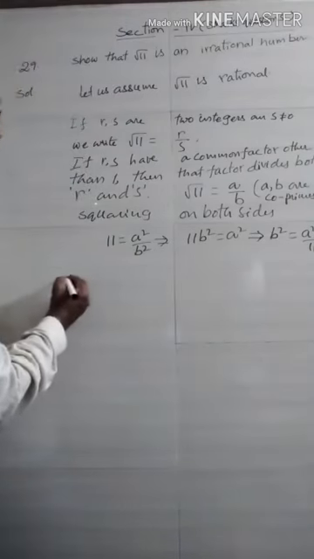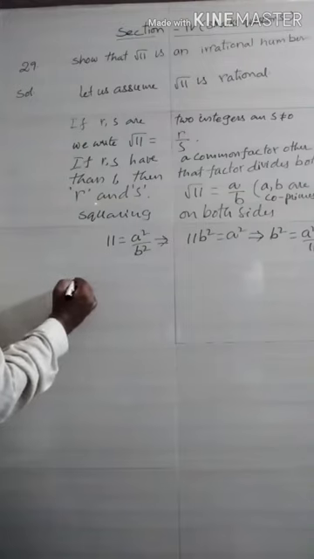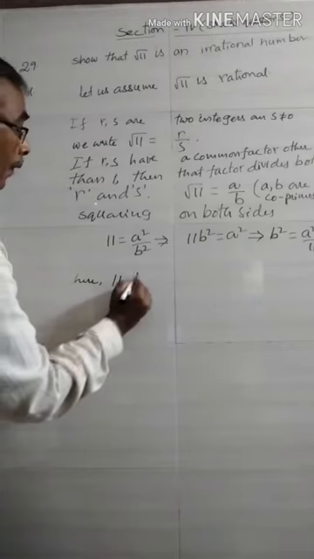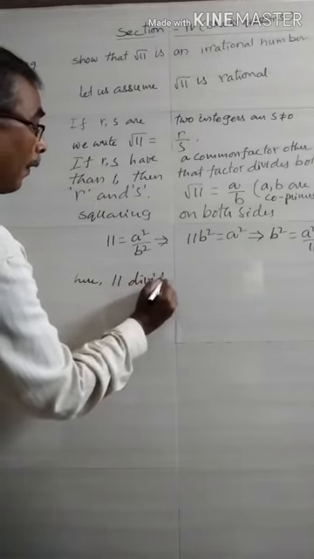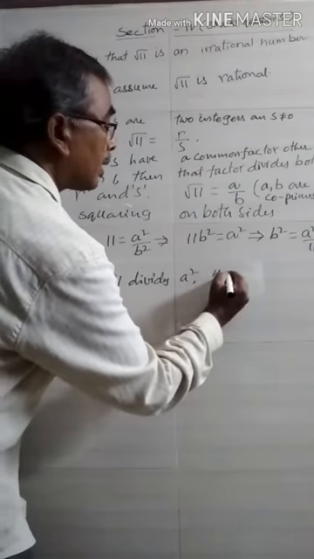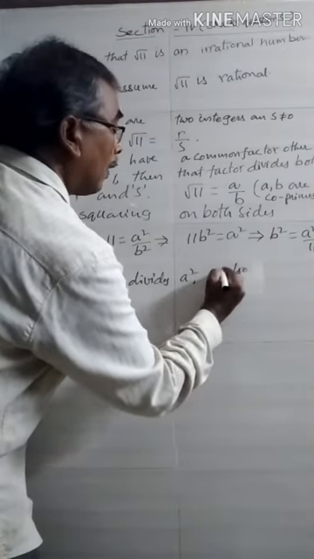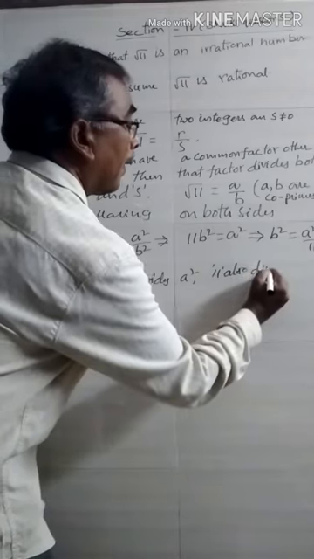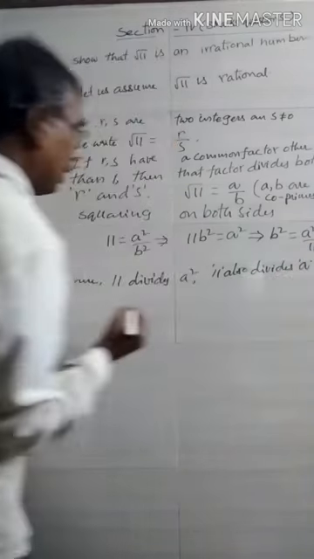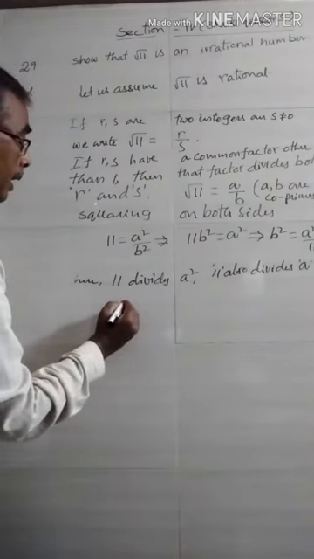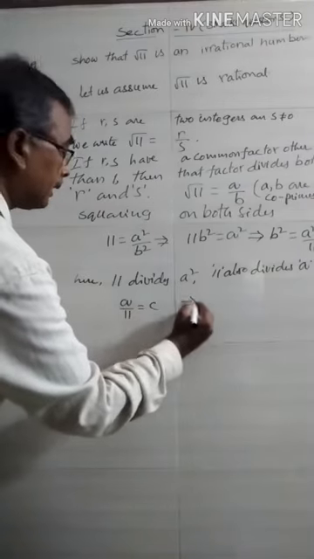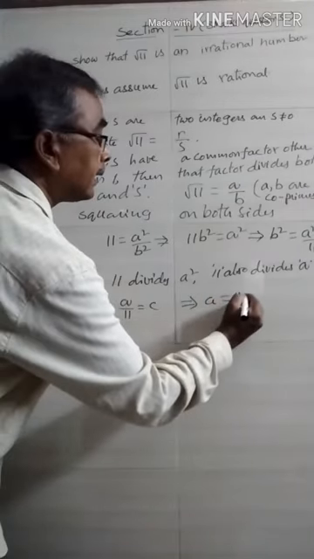Using the theorem, what can we write? 11 divides A square, 11 also divides A. So we take A by 11 as an integer C. That means A is equal to 11C.